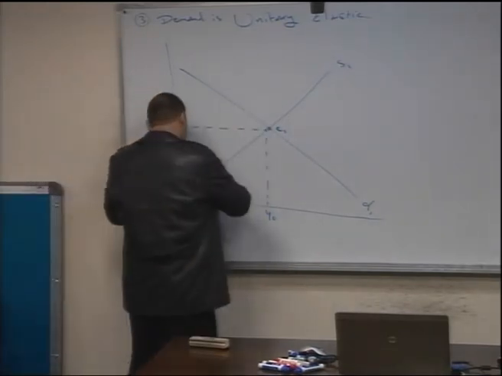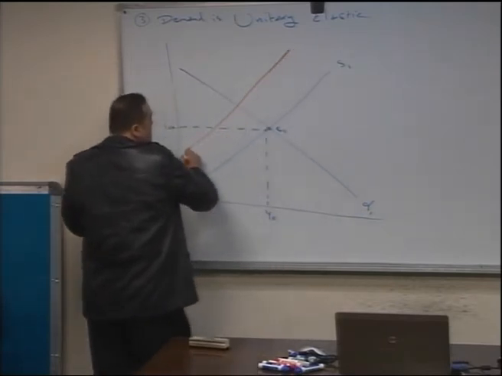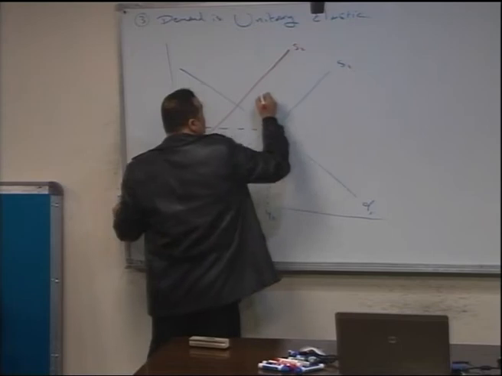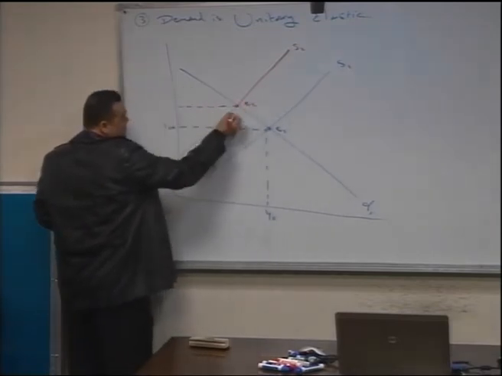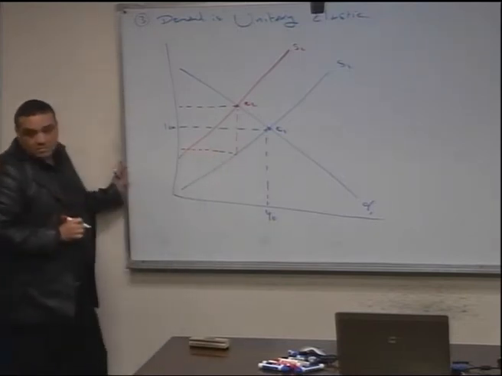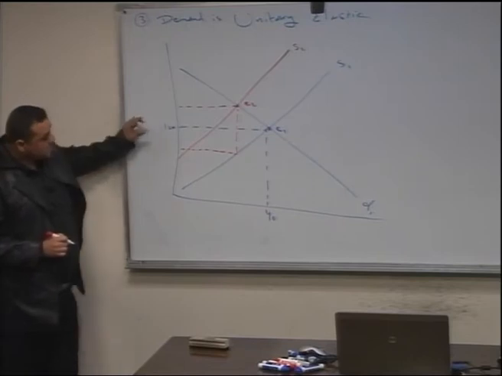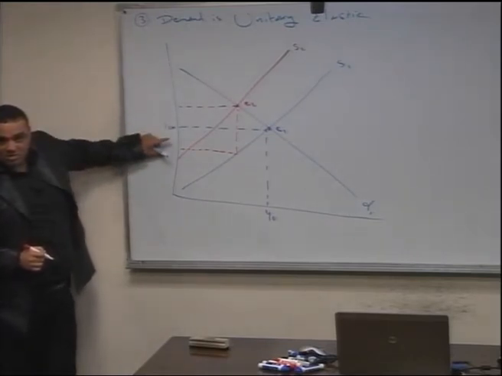The tax is to E2, the same. The consumer share of tax burden equals the producer share of tax burden, as you see.